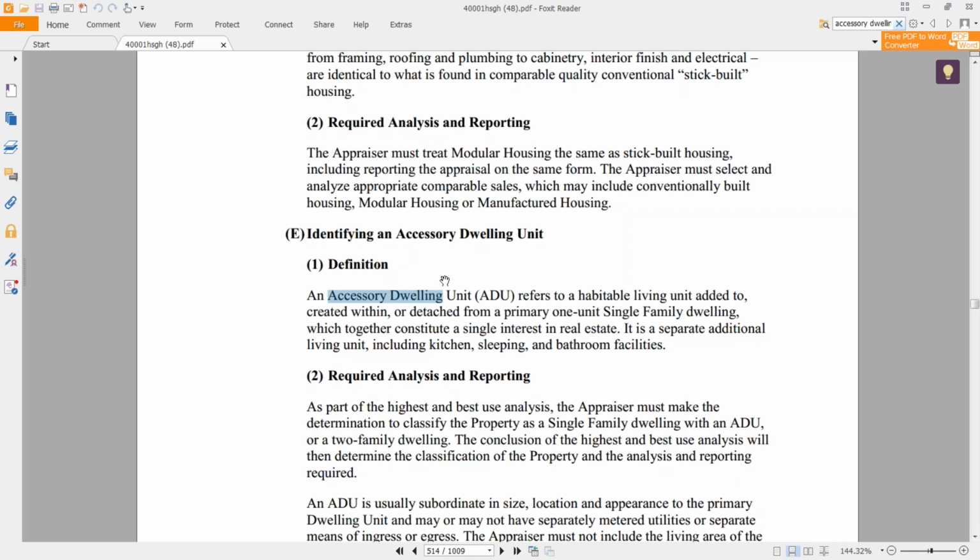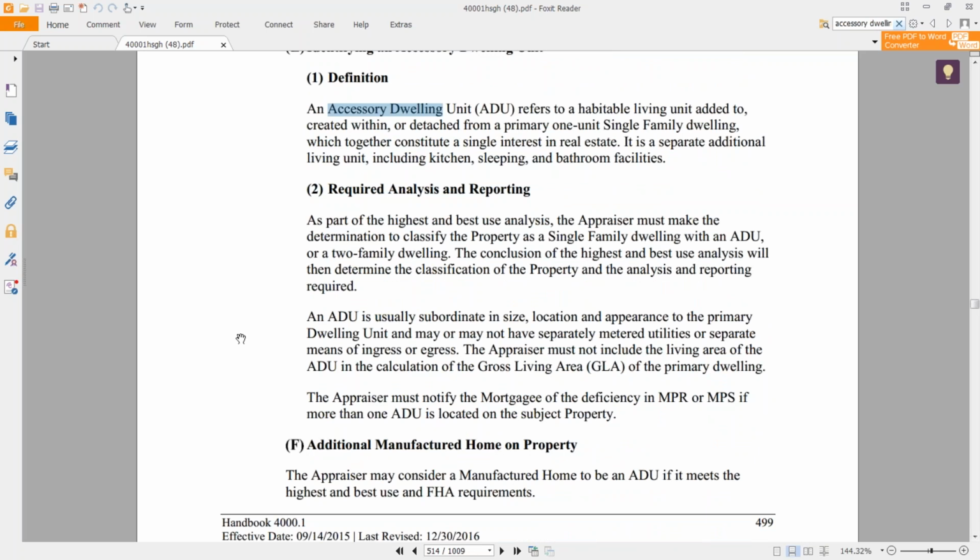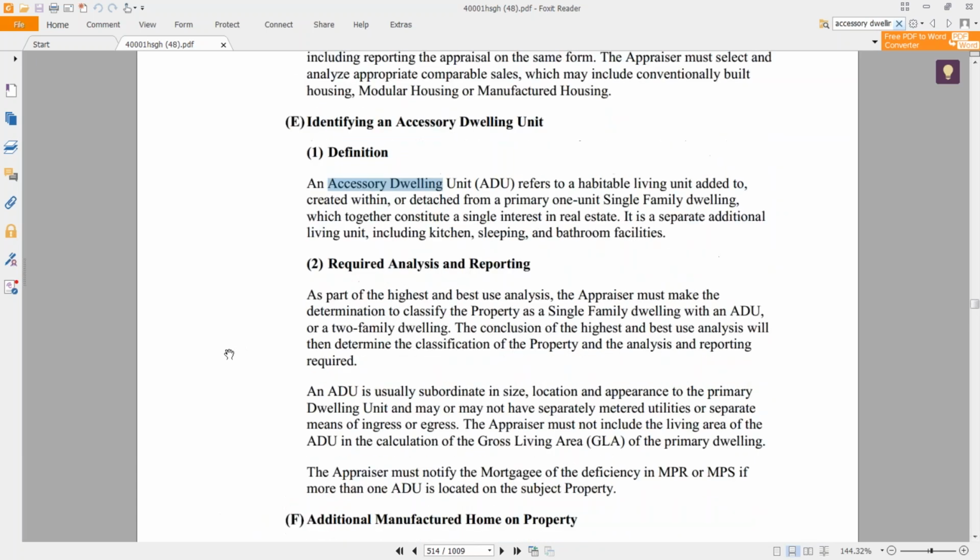So those are some requirements for it to really be considered an accessory dwelling unit. You can take a look at the analysis and reporting that's required, and if you're the reviewer, you can see, hey, did this appraisal report take care of this properly? If you're the appraiser, you'd of course want to develop and prepare your appraisal and then report your appraisal in a report format that is correct and meets these requirements.